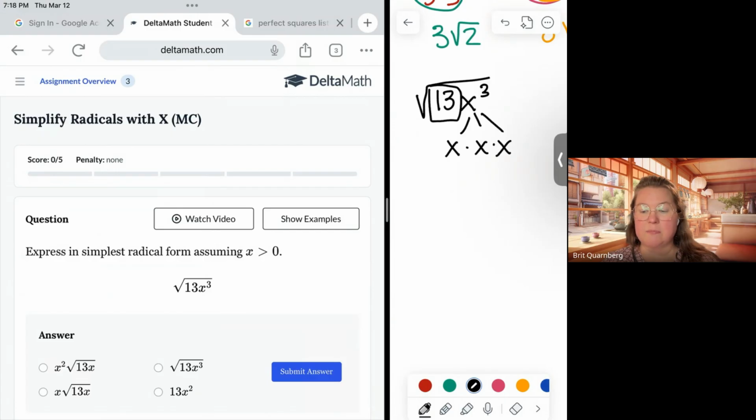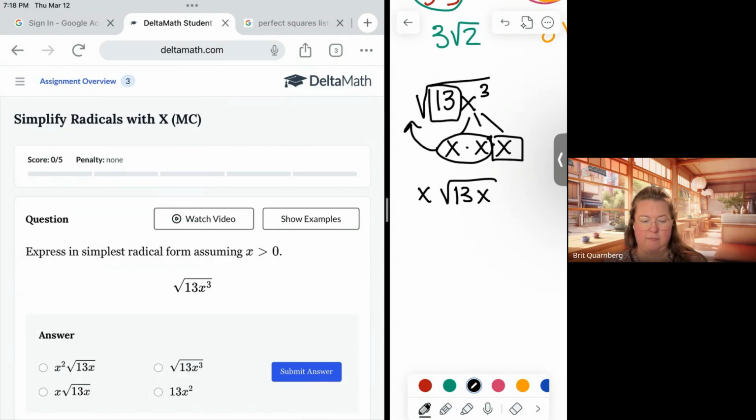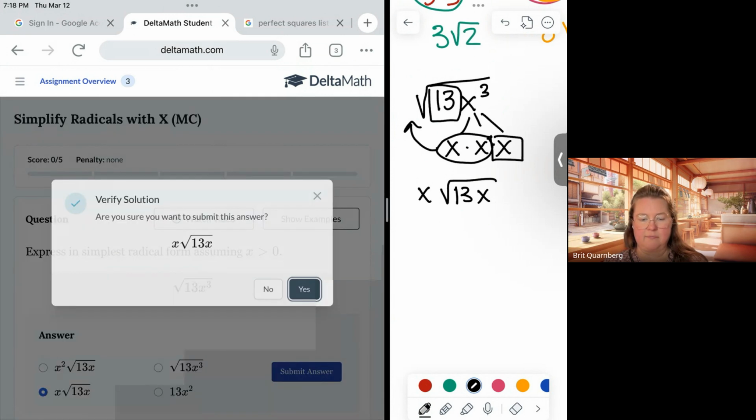That's what x to the third means. Here are the buddies that are going to come out, and this one is stuck inside. So our final answer would have an x on the outside, a 13 on the inside, and the x also on the inside. So our answer would be that one down there, and voila, it is done.